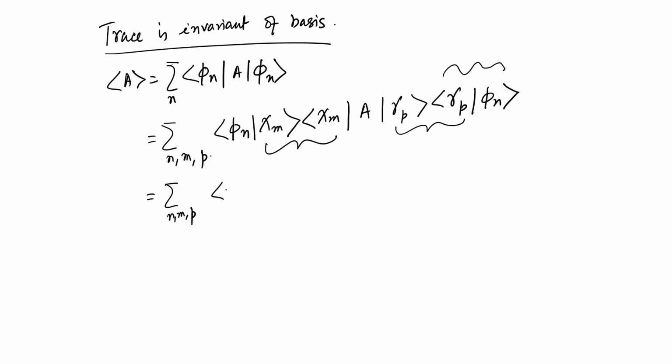So, because all these are inner products, which means that they basically talk about the length of the vector, that is a scalar quantity. So, we can swap its position.